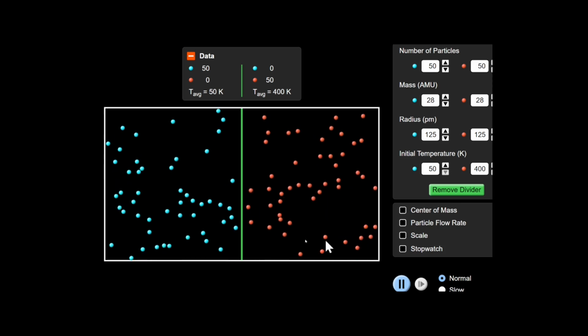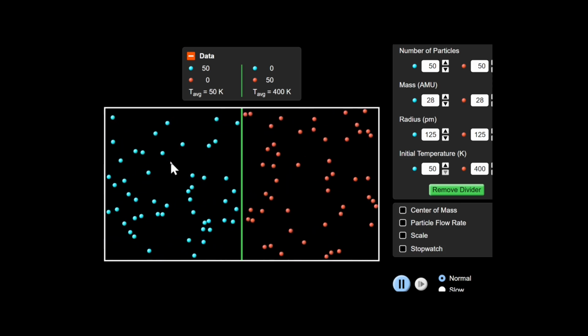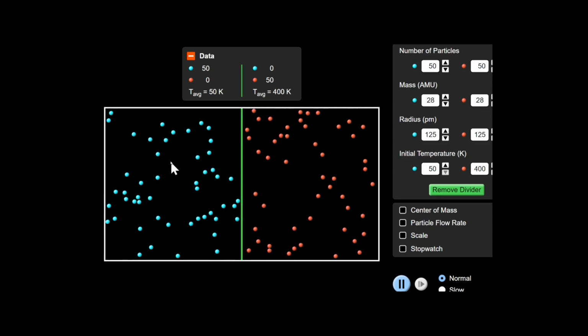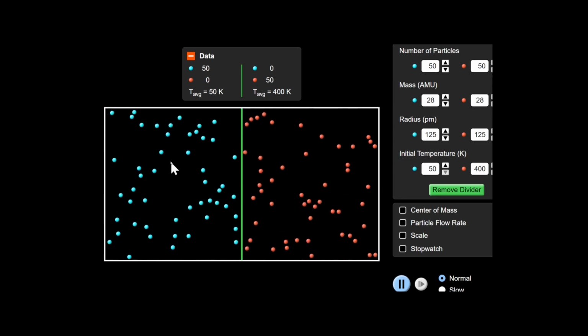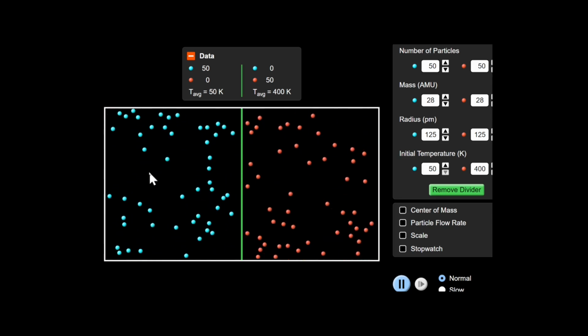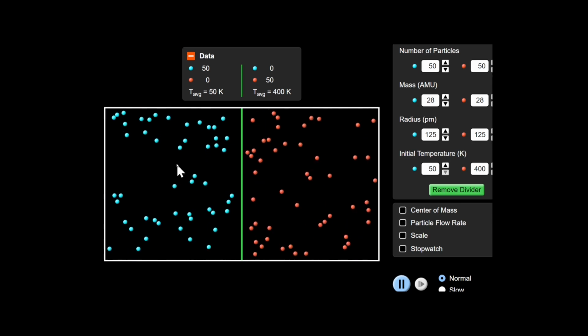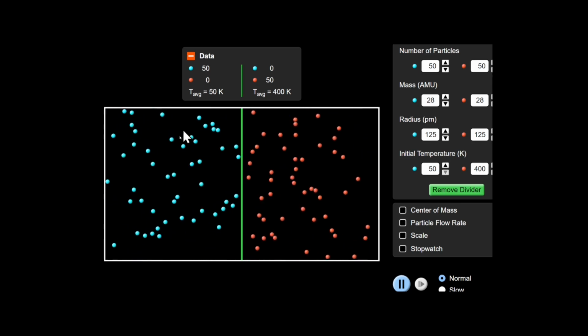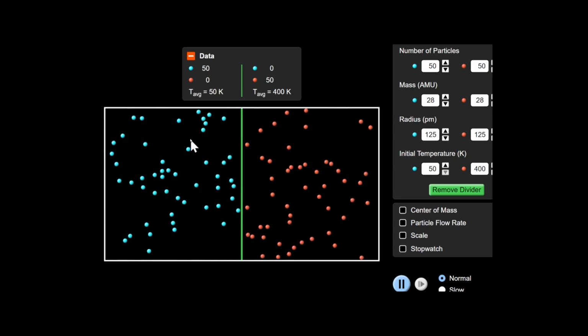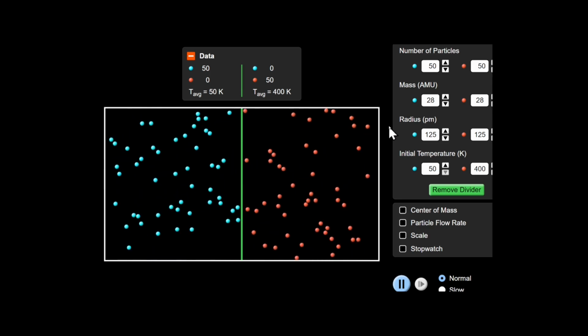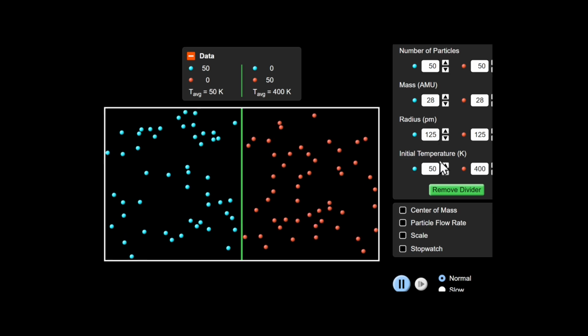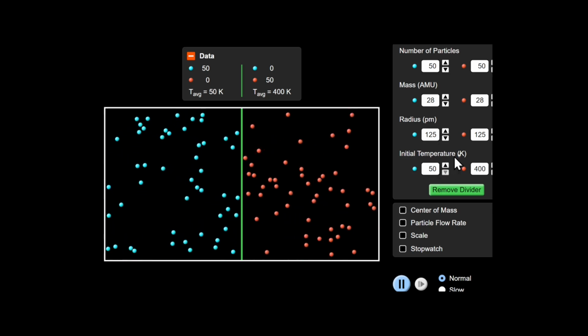It's a phony container, but it's a nice way of thinking about it. In this partitioned part of the container here, we have 50 particles of some substance. We don't know what it is, but I've set the temperature there at 50 degrees.